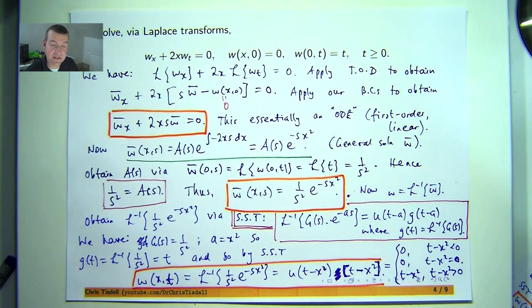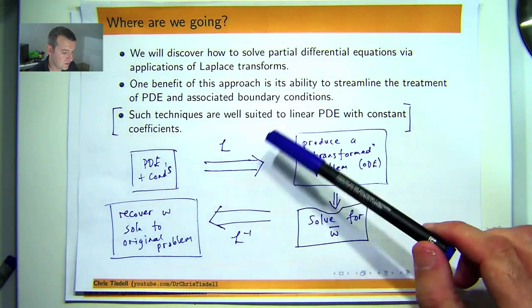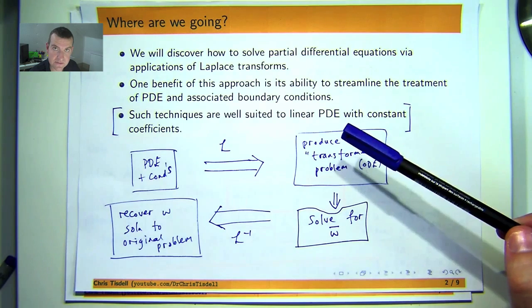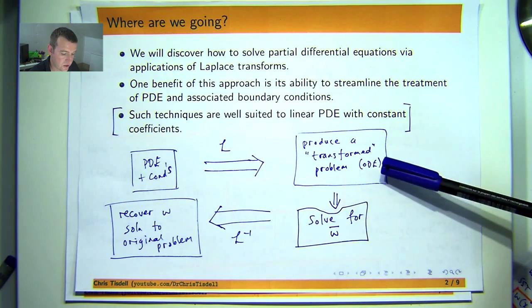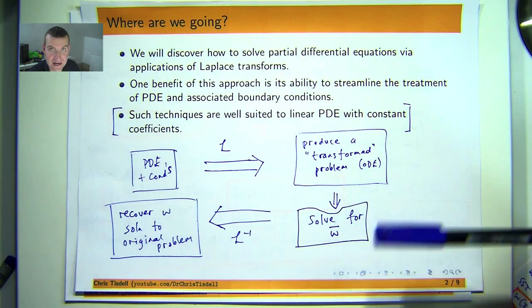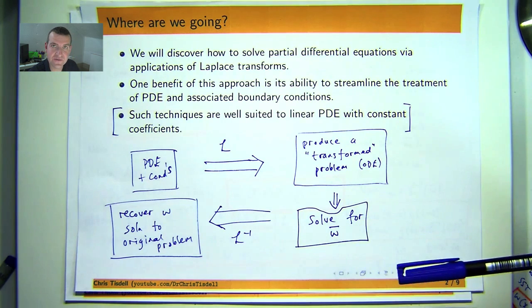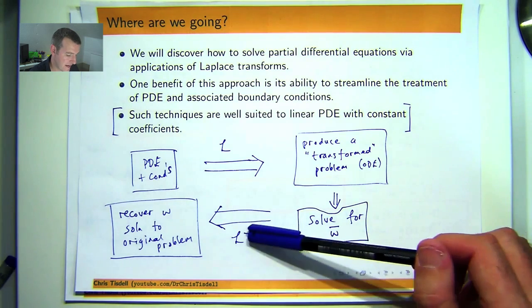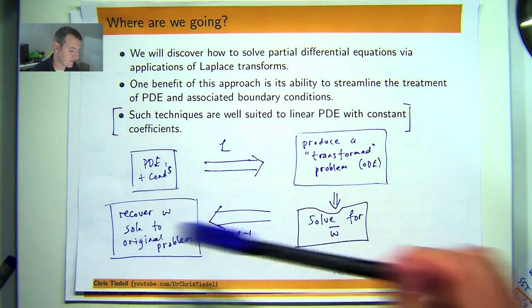Now the steps for these kinds of problems are the same. Start with your PDE, transform it, include some of the conditions, produce a transform problem which you can solve by incorporating other conditions. Once you've got your solution to the transform problem, you transform everything back by an inverse transform. Okay, and you recover the solution to the original problem.